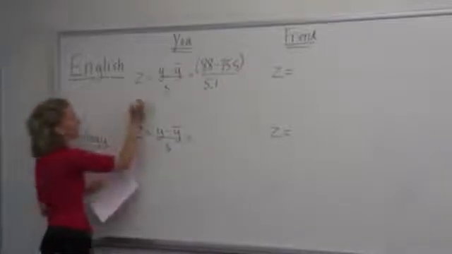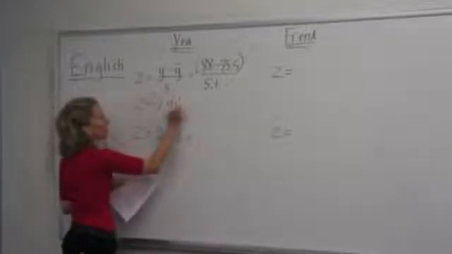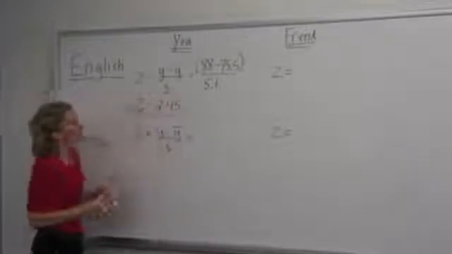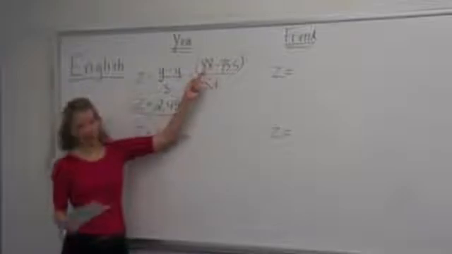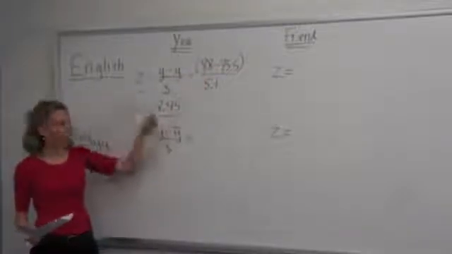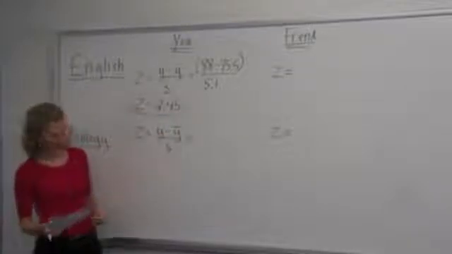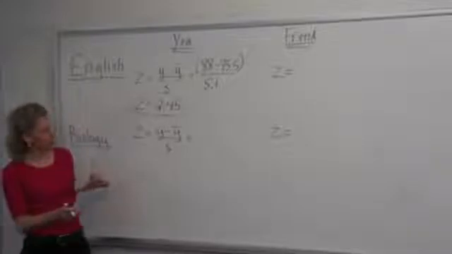And so in English, your z-score is 2.45. We know that you scored better than the class average, and in fact, you scored 2.45 standard deviations above the course average in English. Okay, how about your friend?